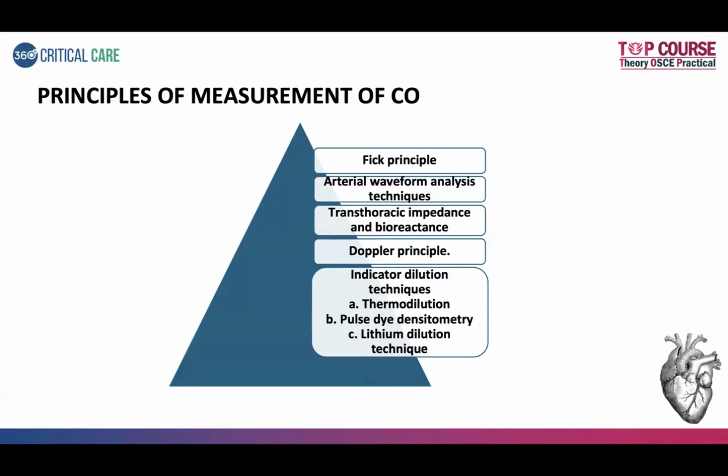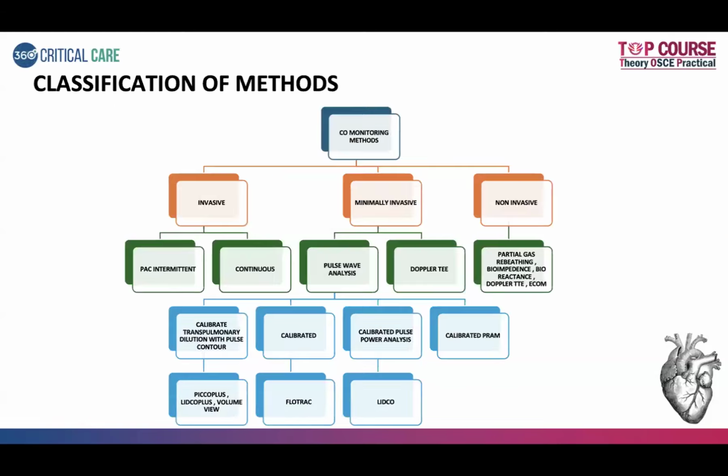The Fick principle, or arterial waveform analysis techniques, or transthoracic impedance and bioreactance techniques, or the Doppler principle, or indicator dilution techniques like thermodilution, transpulmonary or pulmonary, or pulse dye densitometry, or the lithium dilution technique. So this is the classification of cardiac output monitoring based on the principles which we use.